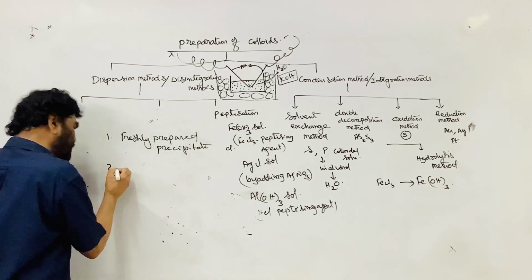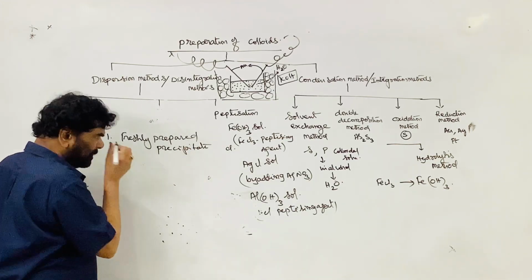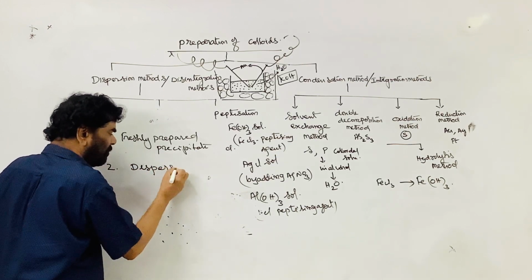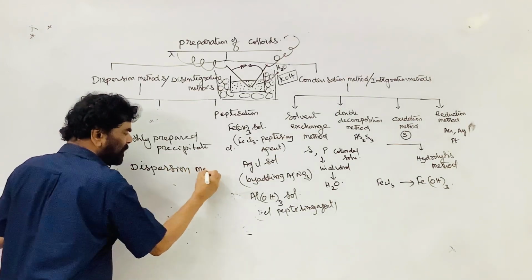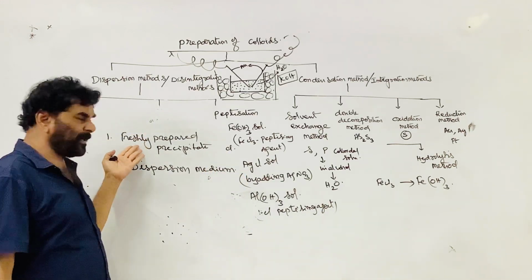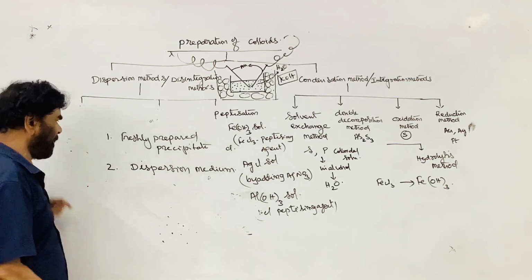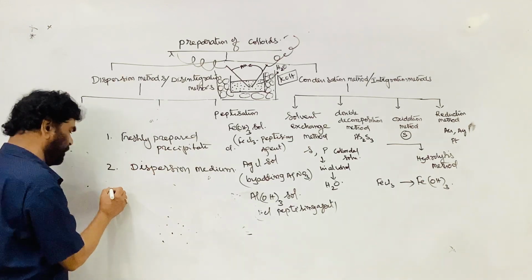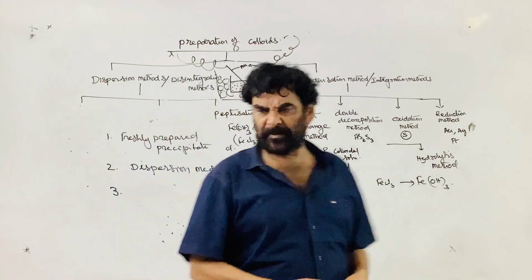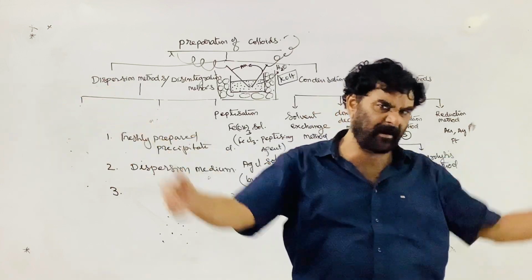The second component is the dispersion medium. The precipitate is taken into the dispersion medium, and the size of the material added is bigger than colloidal size, so it is a suspension.